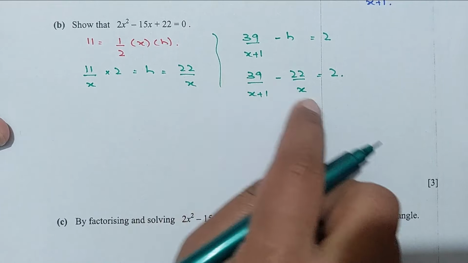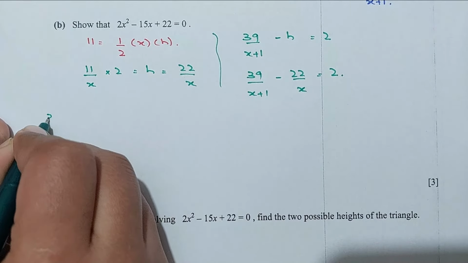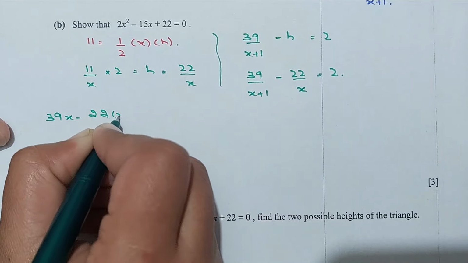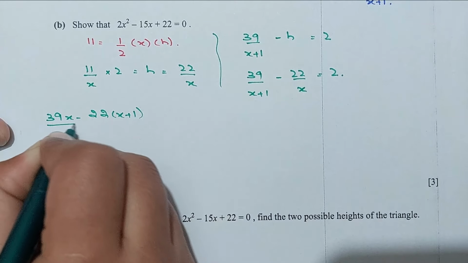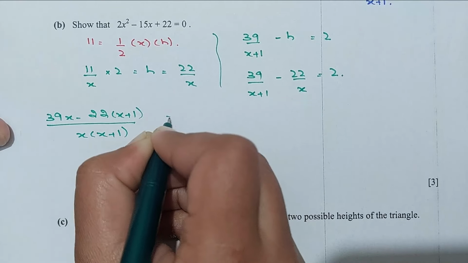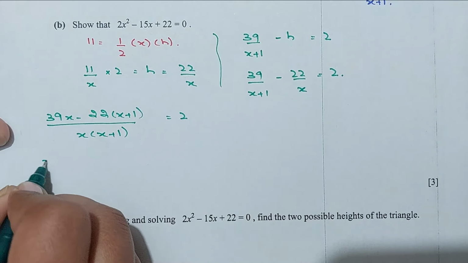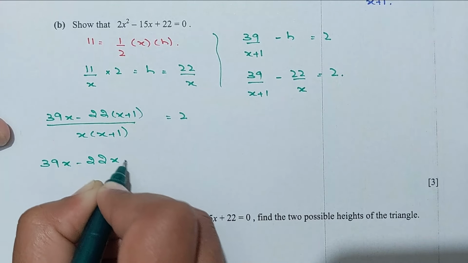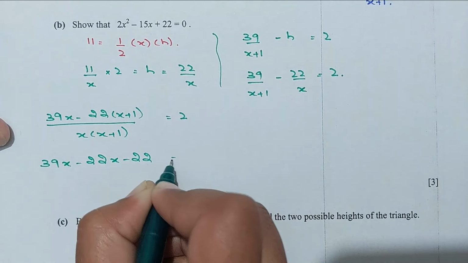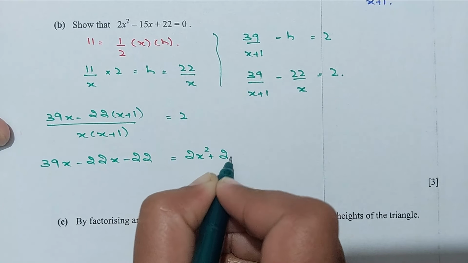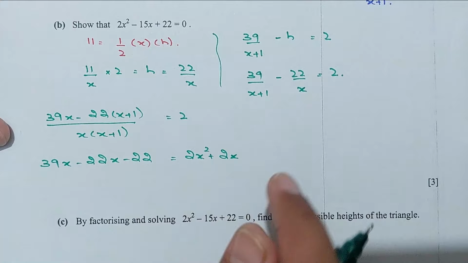So we have to do cross multiplication. 39 is times by x and negative 22 is times by x plus 1, and in the denominator we have x into x plus 1, and this equals 2, right? This is 39x minus 22x minus 22. This equals 2x square plus 2x, right?